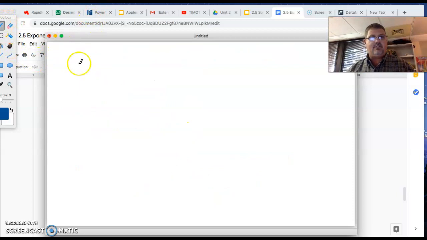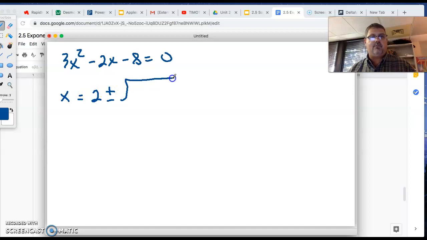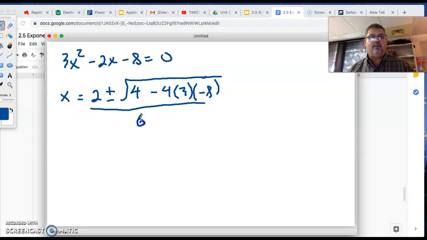Alright, so we got 3x squared minus 2x minus 8. It kind of stays neat here, right? Alright, so x is equal to negative b plus or minus the square root of b squared minus 4ac all over 2a.